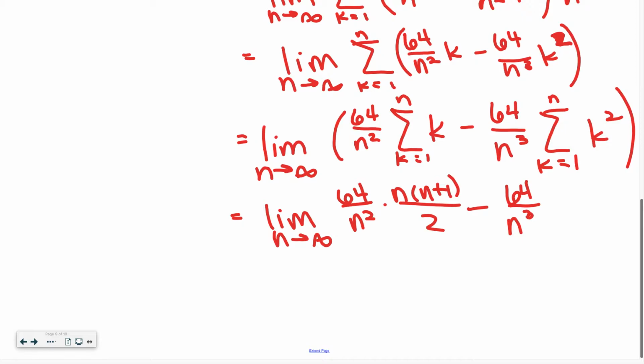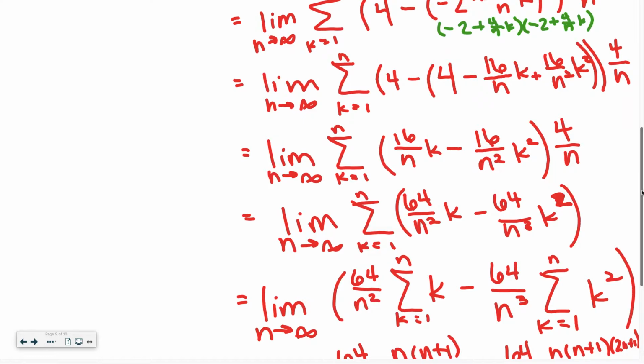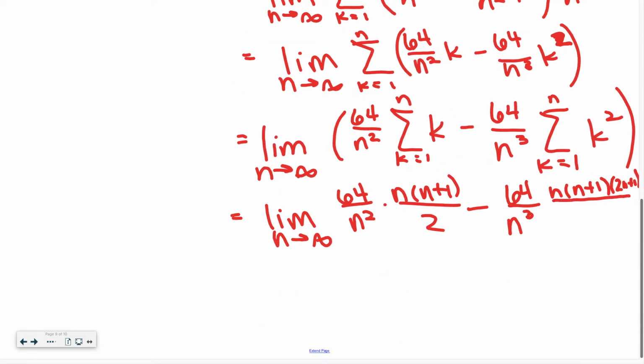And then our shortcut for K squared. Okay, so you can do one of two things.